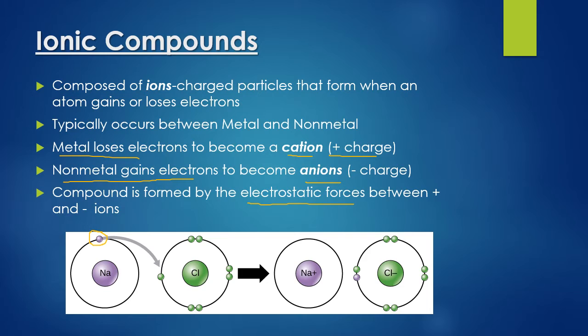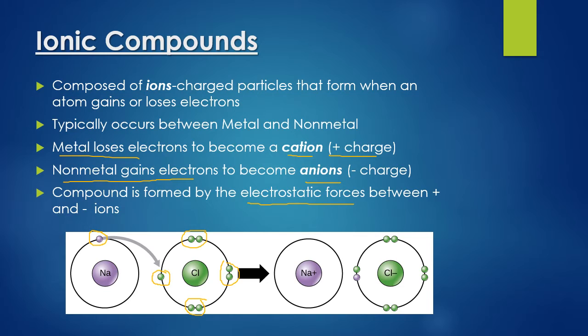Well, let's look at chlorine. Chlorine is the atom that's going to receive that electron from sodium. We're once again showing only the valence shell of the chlorine atom. If you count the electrons, there are 7 green electrons in the valence shell. We can see from the periodic table that since chlorine is a halogen, all halogens have 7 valence electrons.